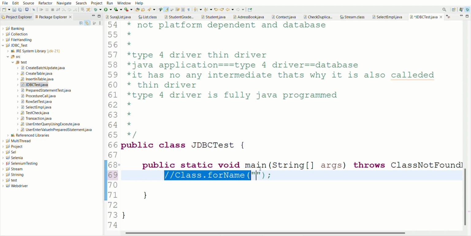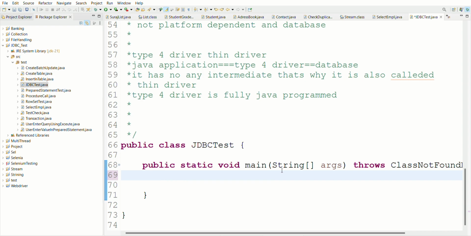From now on it is not recommended to write it, because when you create the connection object, you have to pass the URL, and with the help of the URL your JVM will automatically identify which type of driver class is being used. So you don't need to load any class explicitly.